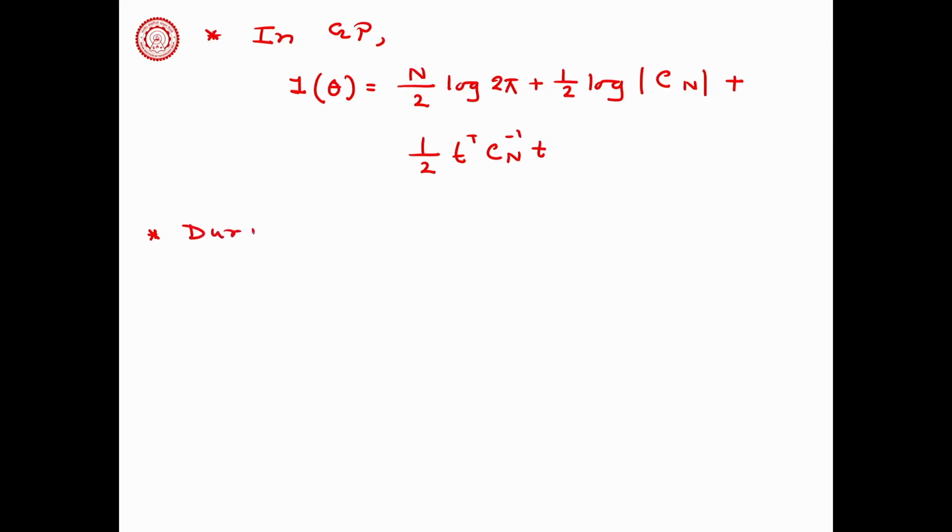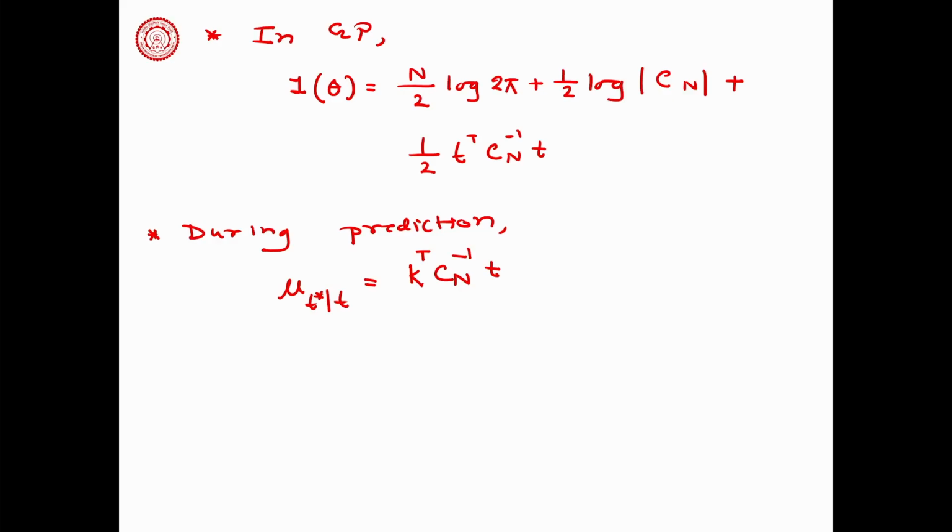Not only that, even during prediction, if I have to compute, let us say, mu of t star given t, that comes out to be k transpose Cn inverse t, right.